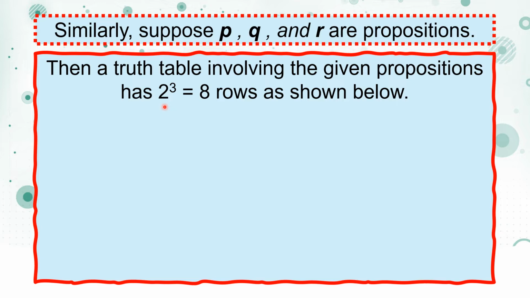So, yung 2 again is the possible truth values which is true or false lamang. So, we have 2 here as the base. And yung 3 ay the number of propositions. So, since there are 3 propositions which is P, Q, and R, kaya 3 yung nilagay natin as the exponent. So, 2 raised to 3 is 8.